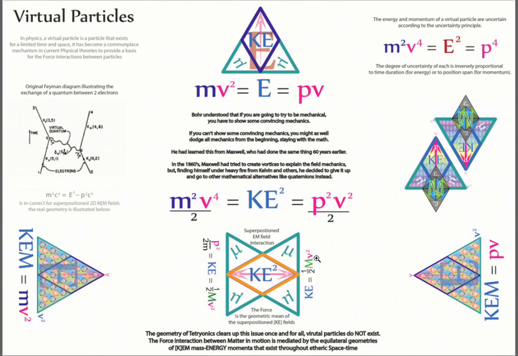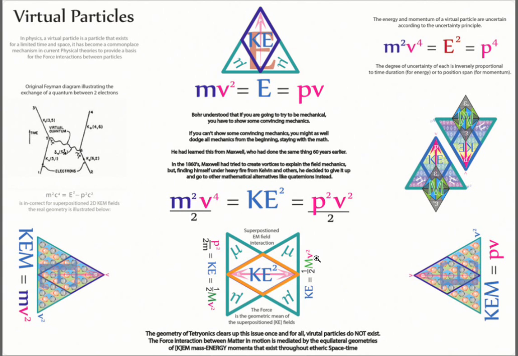or we can redraw them using equilateral geometries of Tetryonics as shown here, in which case either form of kinetic energy becomes kinetic energy squared, and it's the alpha of the Planck quanta, the mass alpha, that gives us the strength of force.